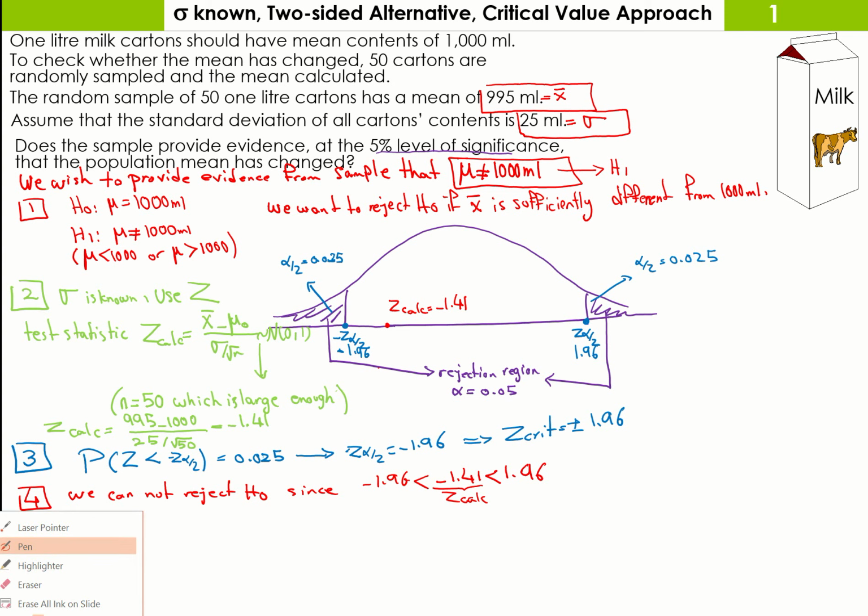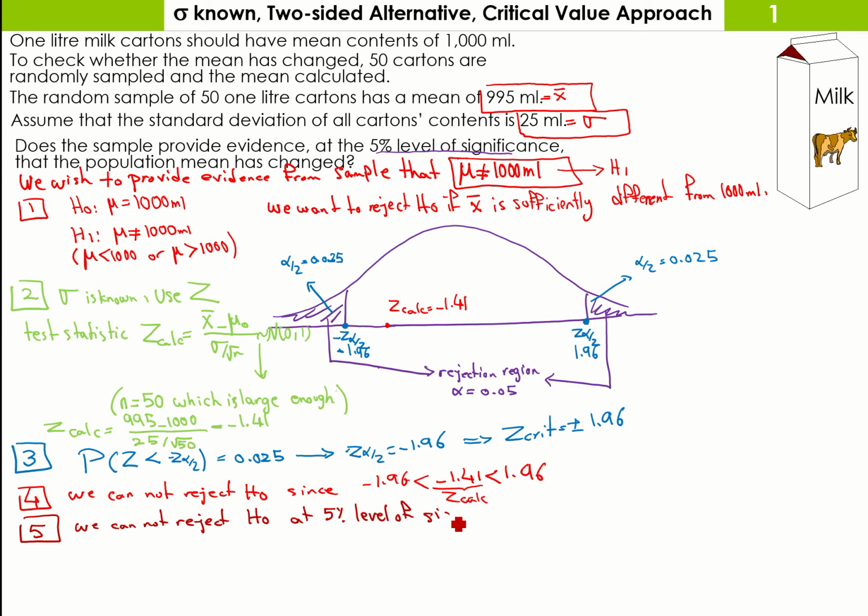Now we can draw the conclusion at the end and say that we cannot reject H0 at 5% level of significance.